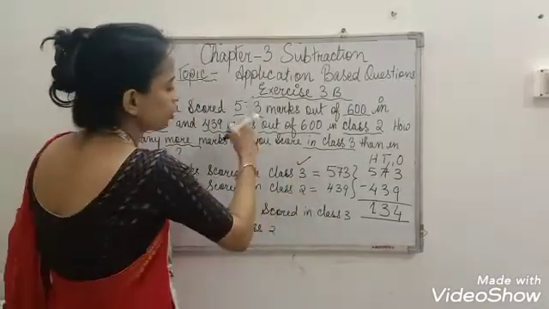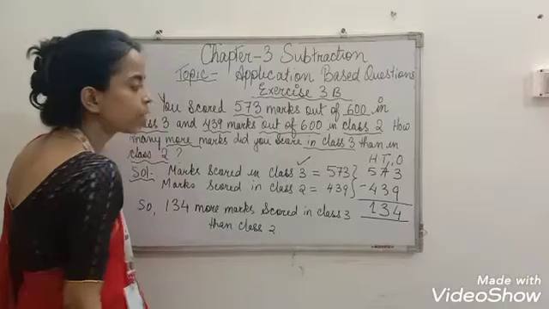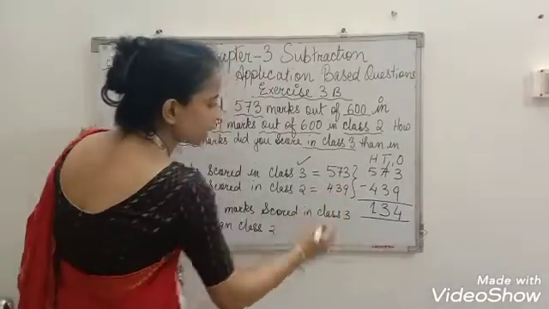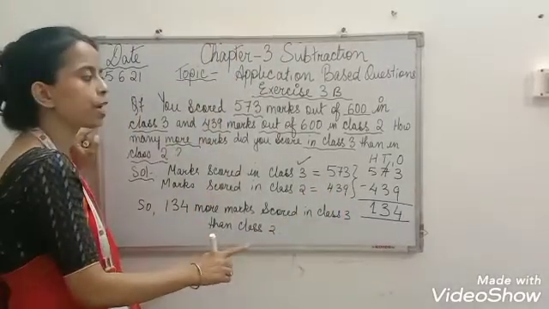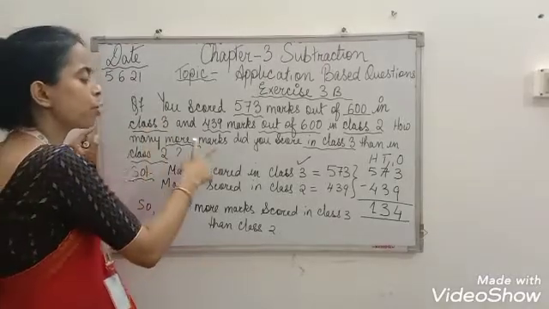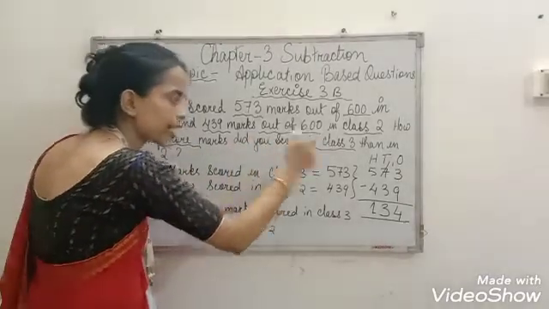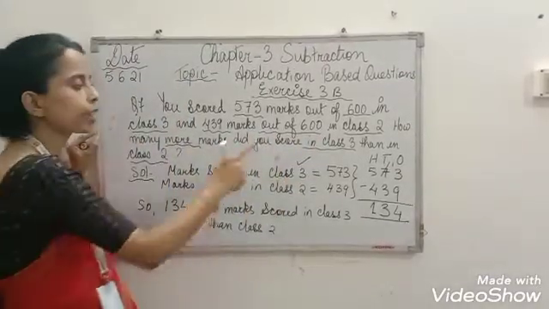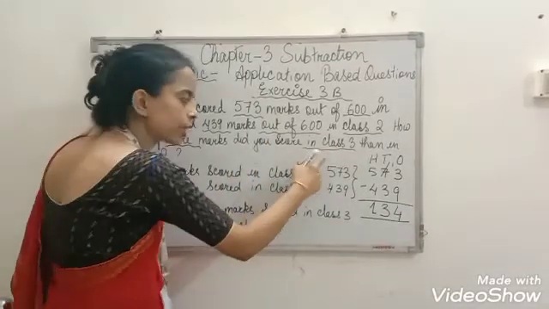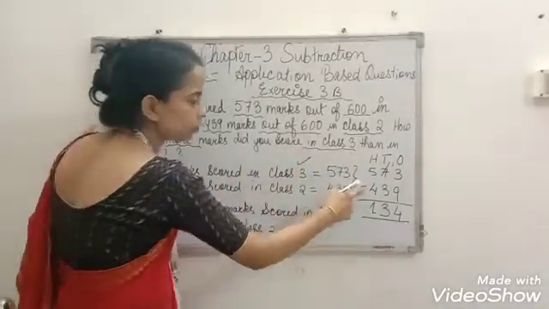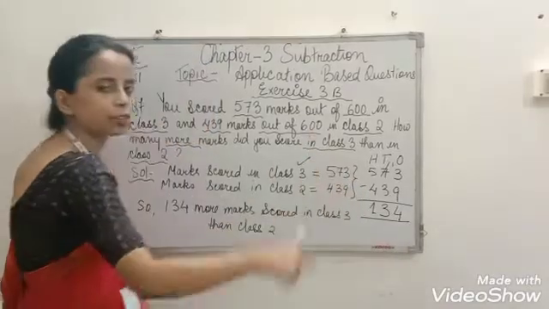Class 3, total marks 573. Class 2, 439. Alright, what we need to find out? How many more marks did you score in class 3 than class 2? To get this answer, we have to subtract marks scored in class 3 minus marks scored in class 2.